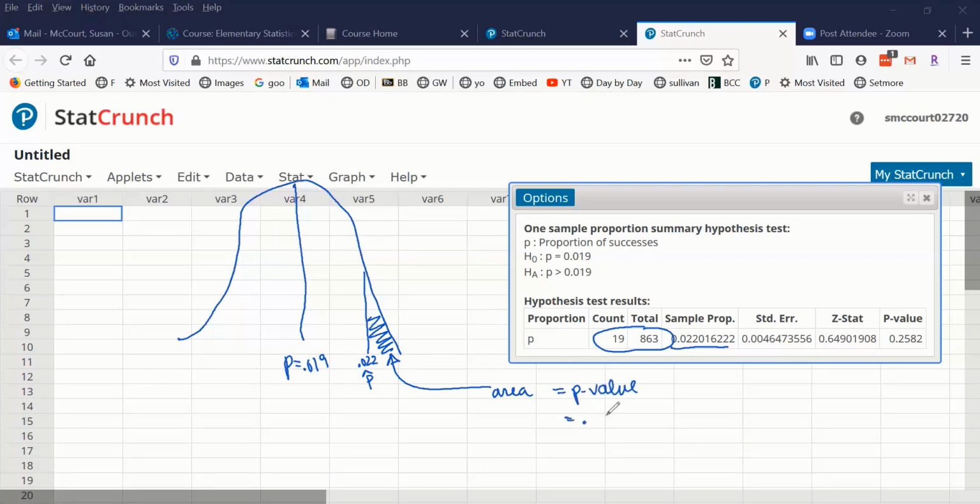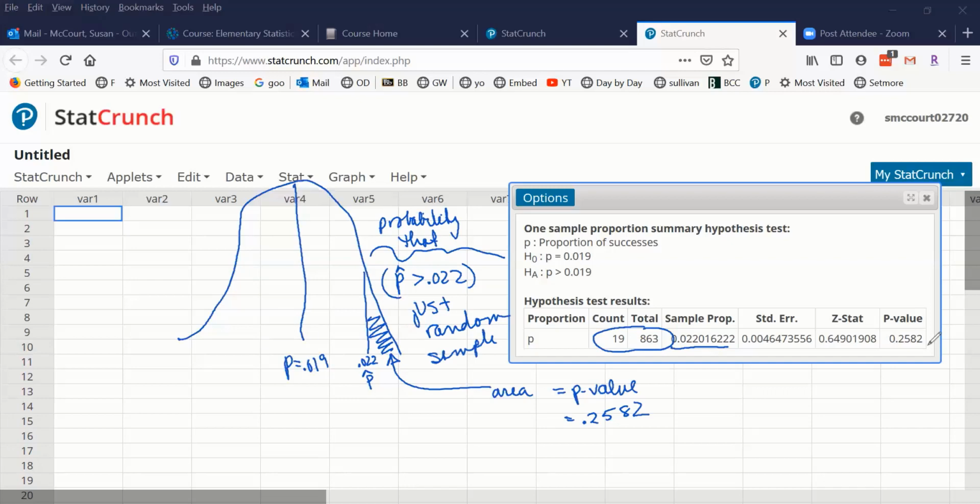Which is 0.2582. So that area is the probability that p hat is greater than 0.022 in this distribution, just randomly, just because we happen to get a random sample, which says 25 out of 100 times or 26 out of 100 times that's going to happen just randomly.